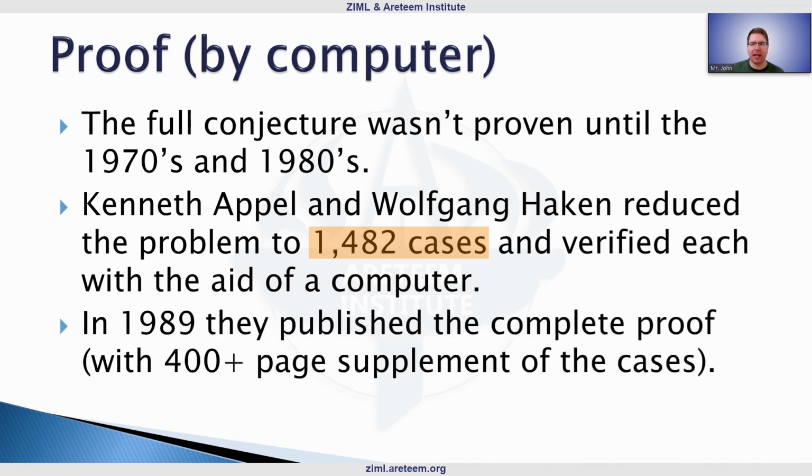And they published proofs along the way, but in 1989 they published a book, Complete Proof, with some corrections, and a 400+ page supplement with some printouts of all of these different cases that were helped by a computer to do. This is also interesting because it's one of the first scenarios. There was some pushback on using a computer, and it's one of the first times that was happening in mathematics as well.